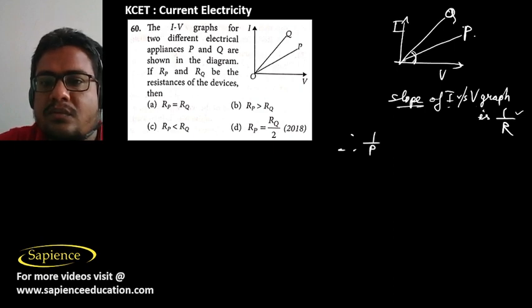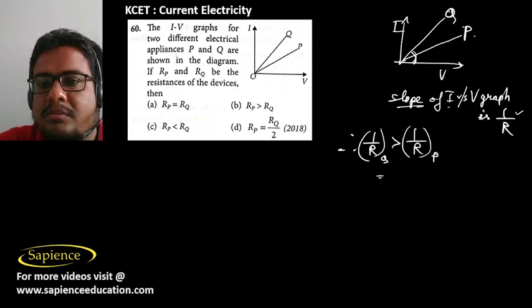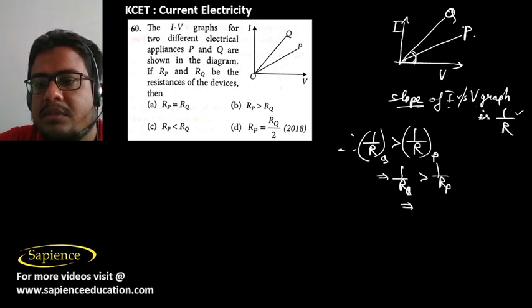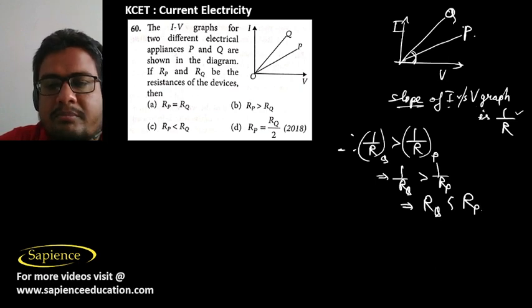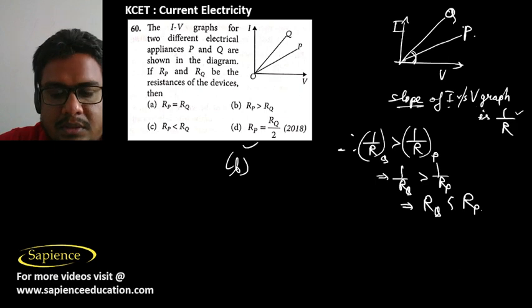Therefore 1 by R for Q is greater than 1 by R for P. That is 1 by RQ is greater than 1 by RP, so RQ is less than RP, that is RP is greater than RQ. Option B is the correct answer.